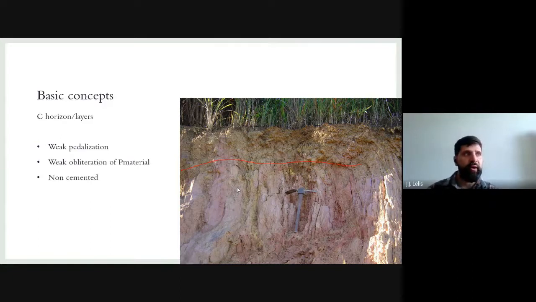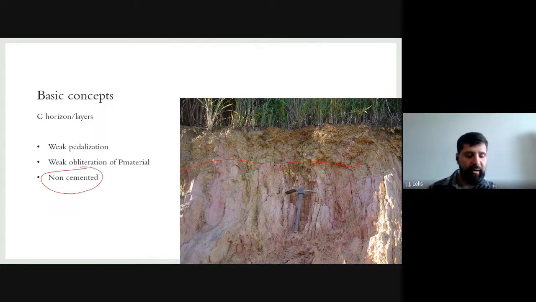We can find material formed by deposition, like alluvial beds or colluvial beds, okay? But we can identify several properties that are quite similar to the parent material, properties that remind us which material formed that soil. And of course, they shouldn't be cemented.